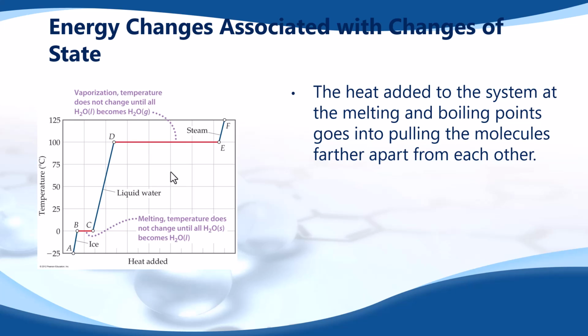So at the melting line, you're separating the molecules enough so that the liquid can flow. It's a potential energy change. D to E, you're completely getting rid of the intermolecular forces as you separate out all of the molecules entirely. Again, potential energy change. So wherever you have the horizontal line, that's potential energy, intermolecular forces. The vertical lines are kinetic energy.